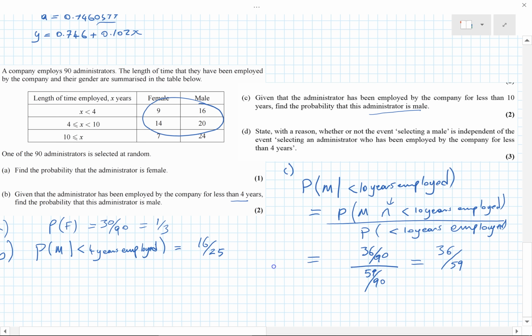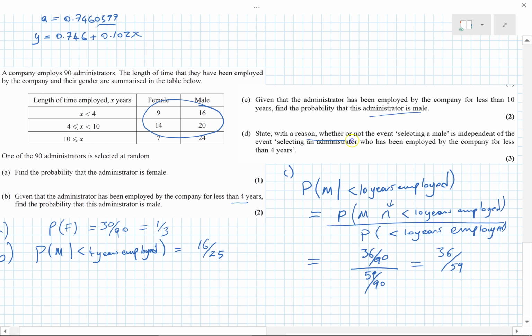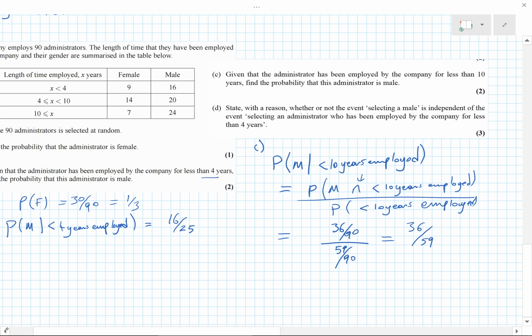Okay. And then state with a reason whether or not selecting a male is independent of the event selecting an administrator who has been employed for less than 4 years. So we're going to have to work out quite a bit of stuff here, because we need to work out the probability that they're male.